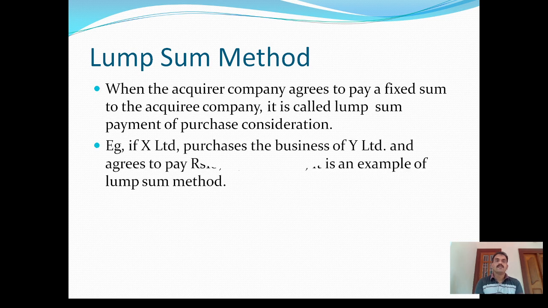For example, if X Limited purchases the business of Y Limited and agrees to pay rupees 10 lakhs in all, this is an example of lump sum method. Total 10 lakh rupees is paid by the acquirer company X Limited to the acquiring company Y Limited. So a lump sum amount is given.